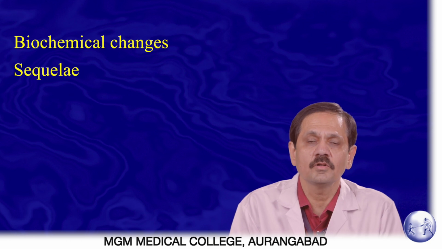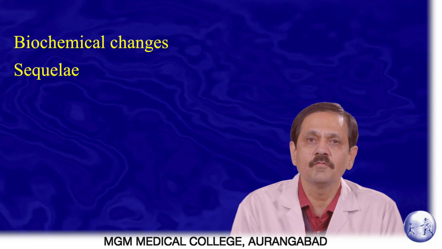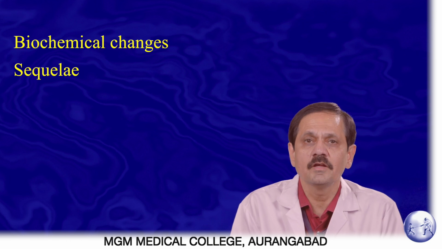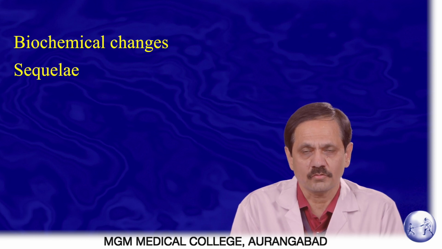Second example, commonly seen in myocardial infarction, in which the creatine phosphokinase and CPK-MB are raised. It is also seen in muscle necrosis when creatine kinase is also increased.